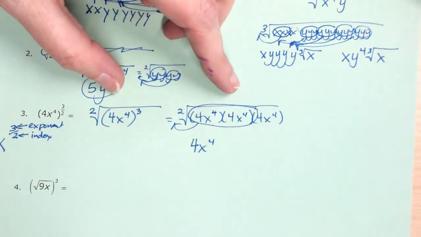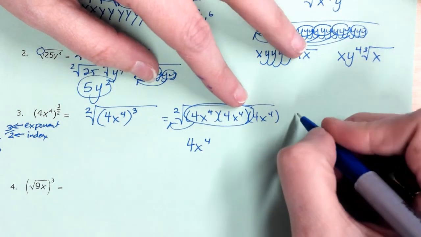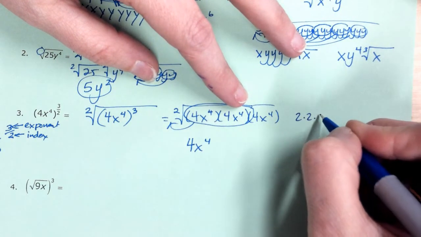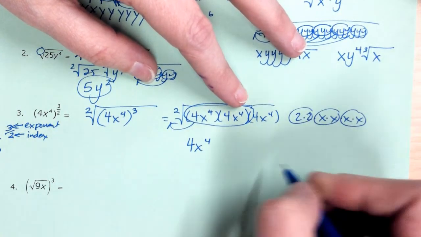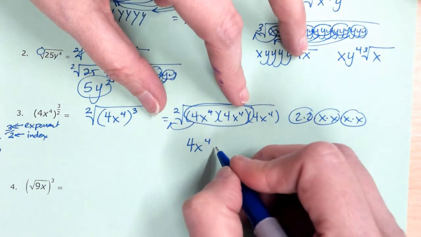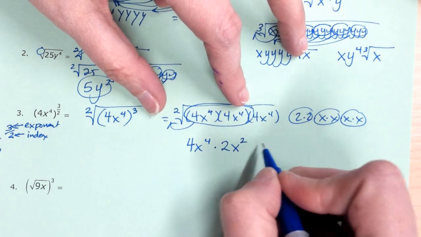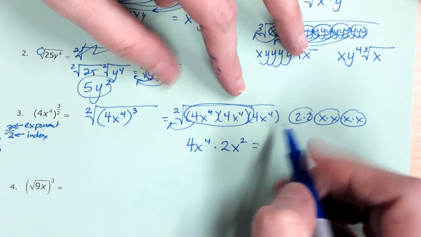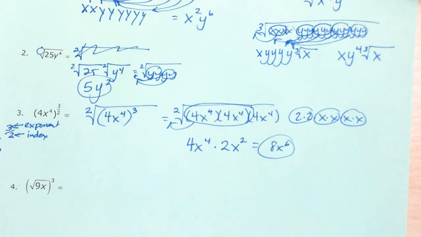My index tells me how many times I have to take it out. Over here, I'm going to have to expand this: 2 times x times x times x times x. I have a pair of 2's, a pair of x's, and a pair of x's. So that's going to be 2x squared. That's what I have outside, and I have nothing left inside. So I have 8x to the sixth when I take it out from under there.